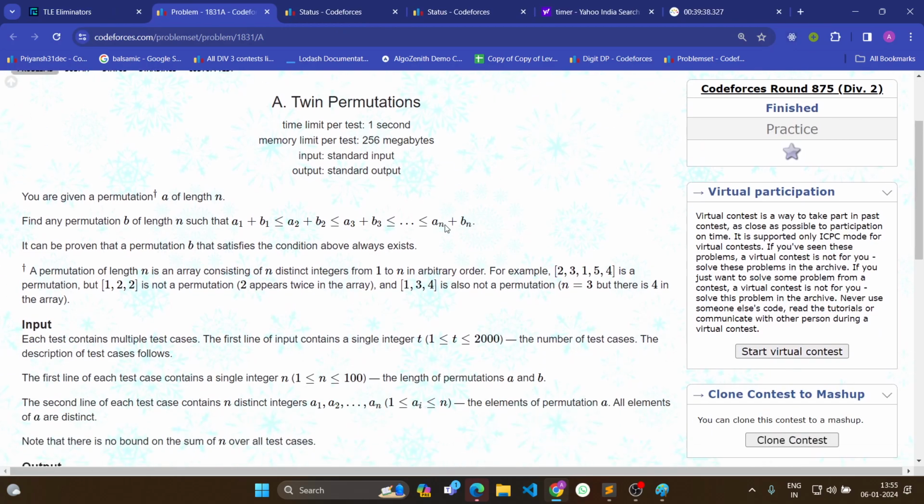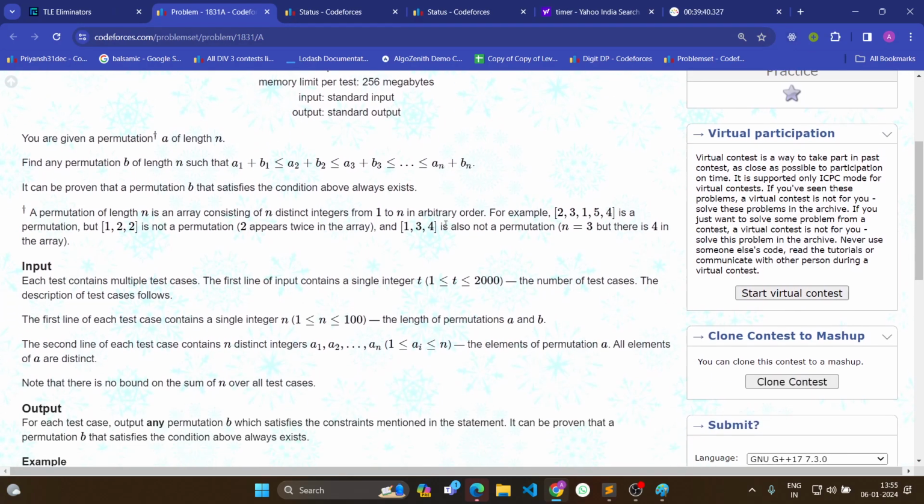It's been 40 minutes. So you're given a permutation of length n. You have to find any permutation b of length n such that a1 plus b1 is less than or equal to a2 plus b2 is less than or equal to a3 plus b3 is less than or equal to an plus bn. It can be proved that a permutation b satisfying this always exists.